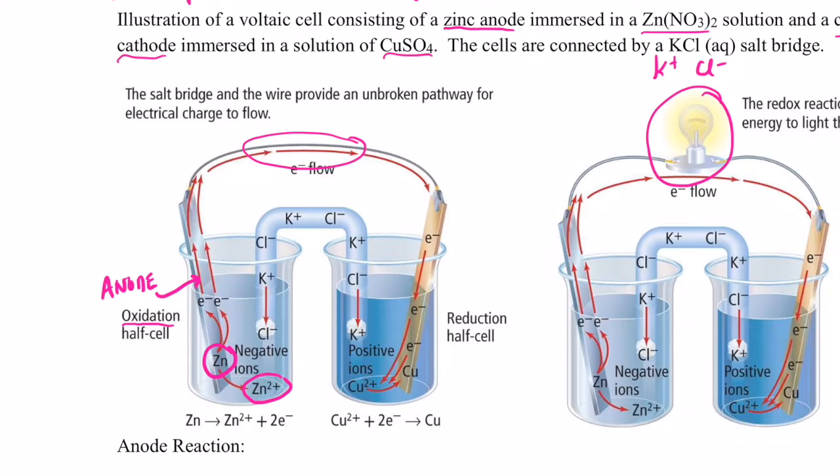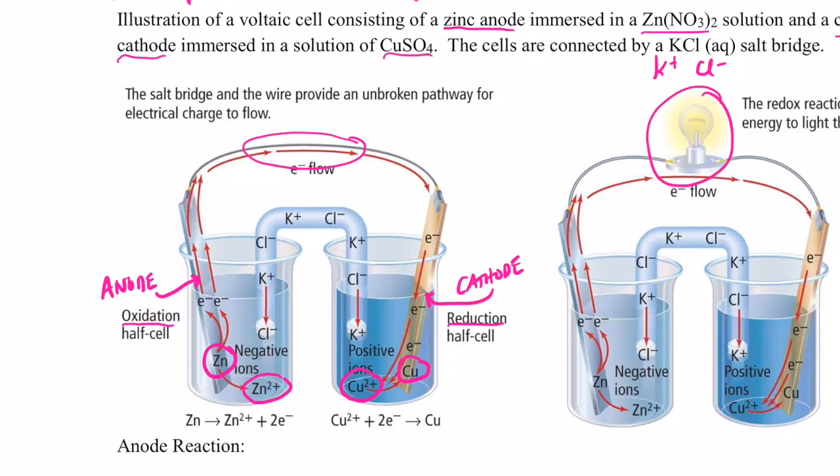Now on the other side, we have a piece of copper metal, and that's immersed in a solution of copper 2 sulfate. The sulfate ions are also spectator ions, so we just care about the copper 2+ ions. Now in this electrode, you will find reduction is occurring. The electrode where reduction occurs is known as the cathode.